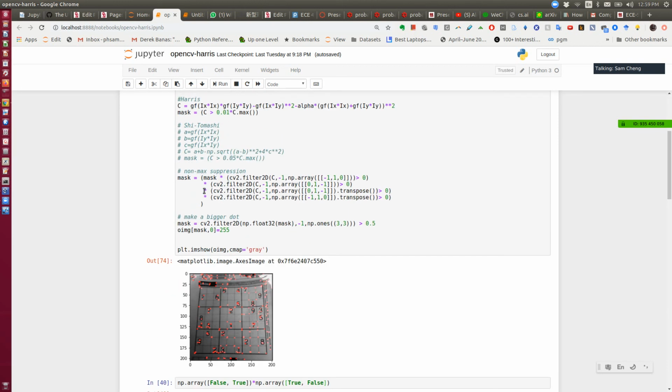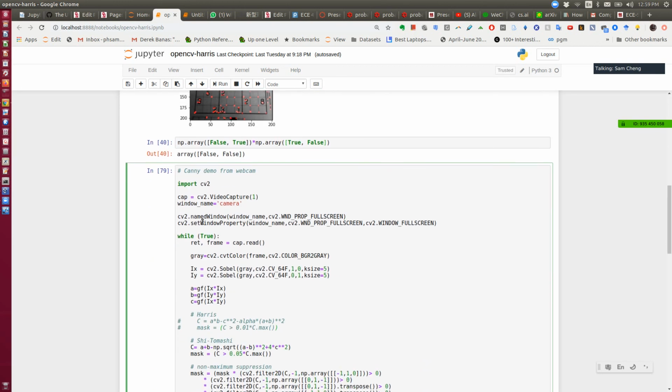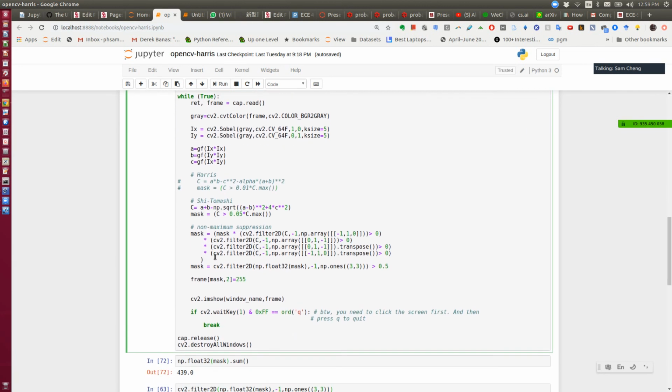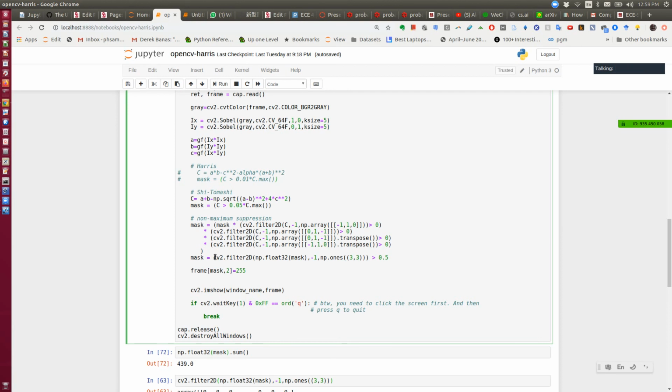After I have Ix, Iy here, I form the matrix. I get A, B, C, where the off-diagonal is C, which I got from doing the low pass filter with this Ixx, Iyy, and so on.